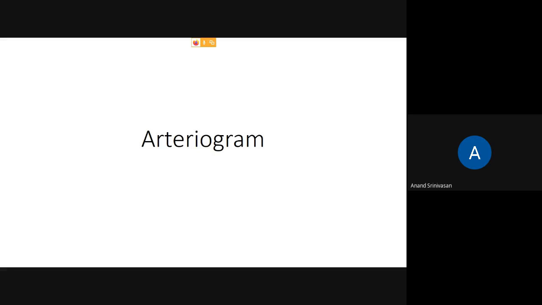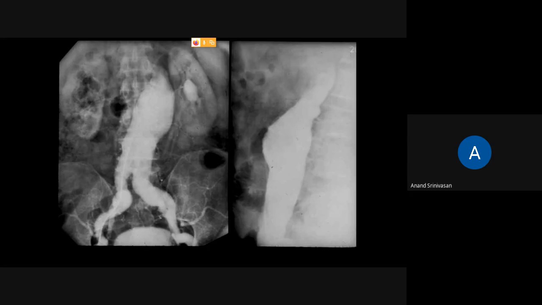Another contrast X-ray which we use is the arteriogram, where we inject a dye into the arteries to find out if there are any abnormalities in the arterial supply of the GI tract. Here you are able to see the arteries which supply the abdomen.